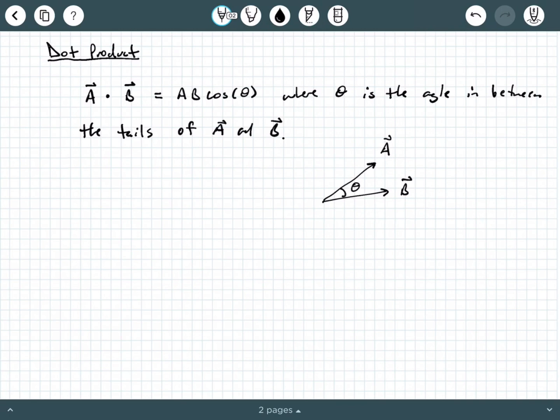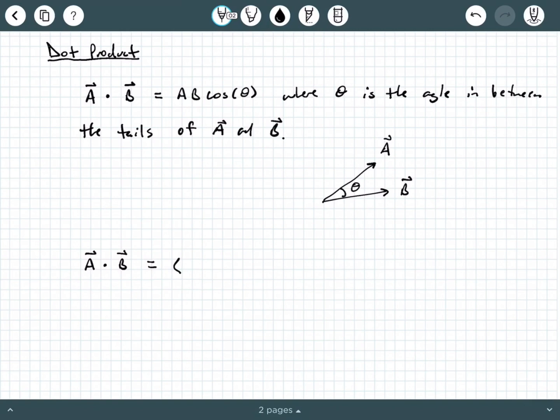Now, another way to express the dot product that you may be familiar with is when we say vector A dotted with vector B, that is also equal to the corresponding components of A multiplied by the corresponding components of B and then added all together.